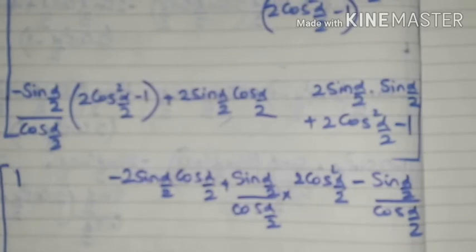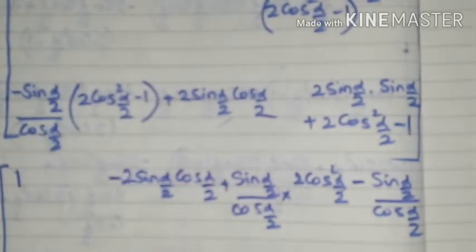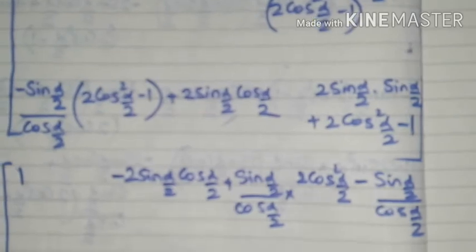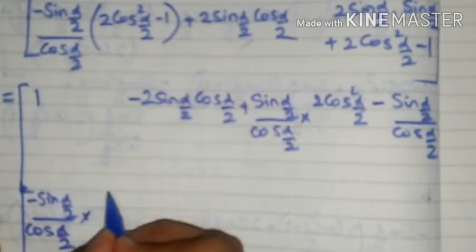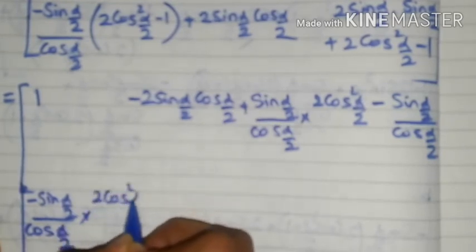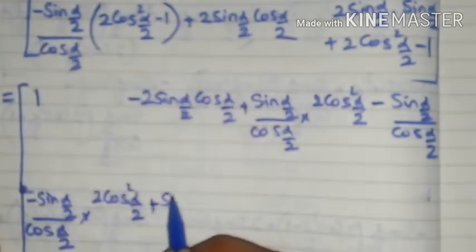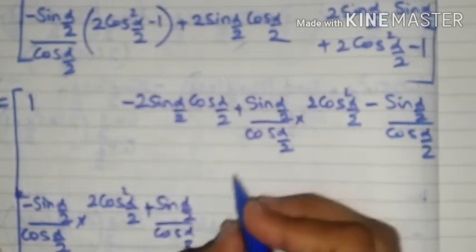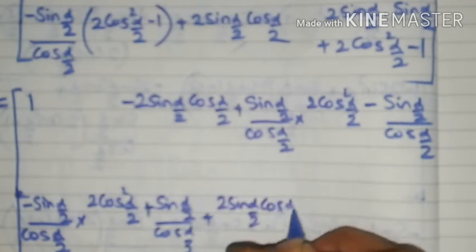Now let us go to the second row. So the second row, again you will have to open the bracket. So you will get minus sin alpha by 2 upon cos alpha by 2 into 2 cos square alpha by 2, minus will become plus. So you will get sin alpha by 2 upon cos alpha by 2 plus 2 sin alpha by 2 into cos alpha by 2.